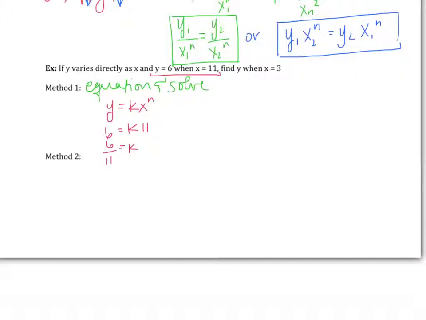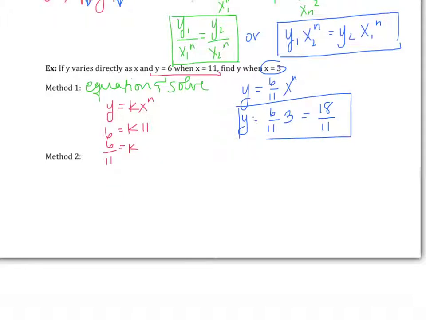Now I can use this value for k in the other equation. Now I know x is 3 and I'm looking for y. So I have 6 over 11 times 3. Multiplying across the top, that's 18 over 11. So when x is 3, y is 18 over 11.